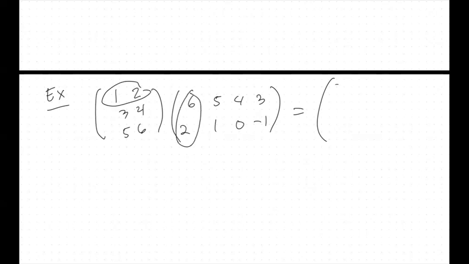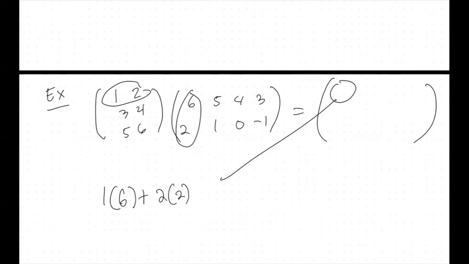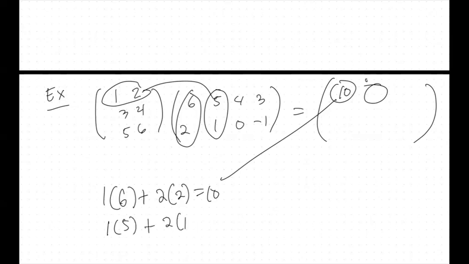The first entry here is 1 times 6 plus 2 times 2, which is 10. Second entry here is this times this, so 1 times 5 plus 2 times 1. This is 7. So 10, 7, and then 4, and then 1, and then you write the rest.